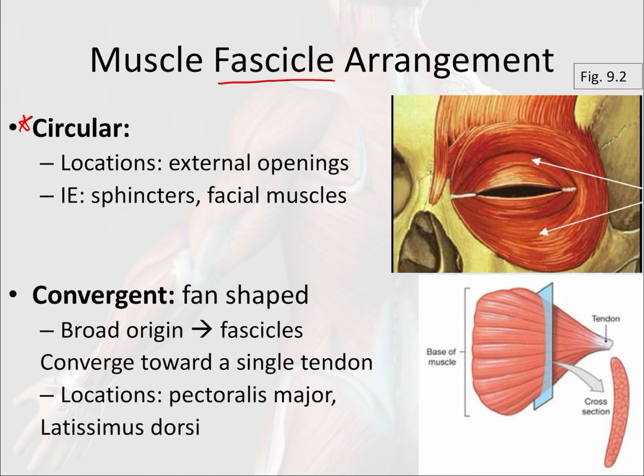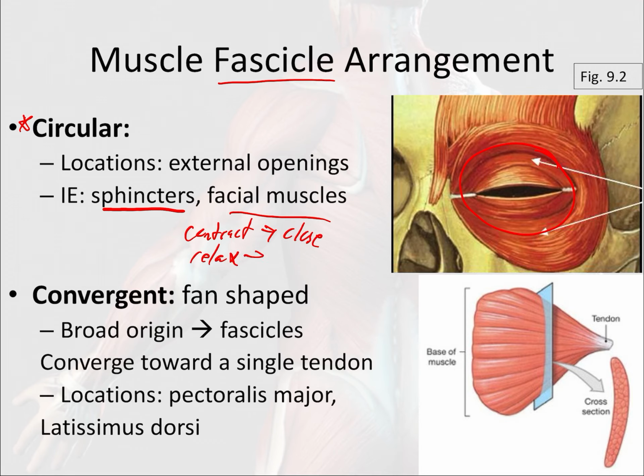These are typically places where we have sphincters or facial muscles. If we think about the muscles around our eye, muscles around our anus, muscles that hold back our urine in our urethra, those things are circles. And when we contract them, they close, right?